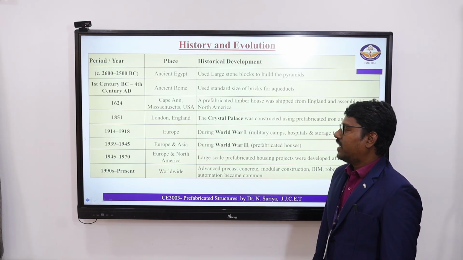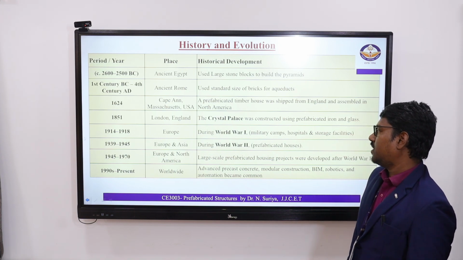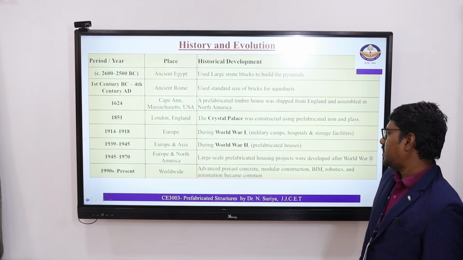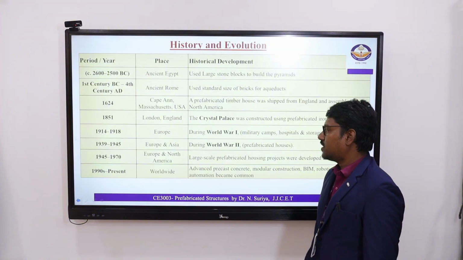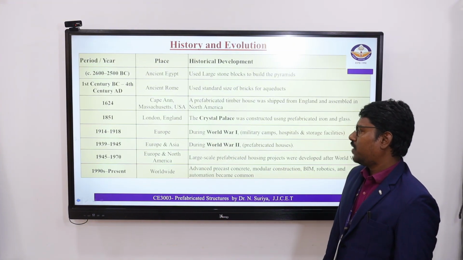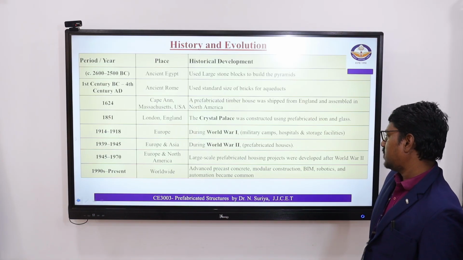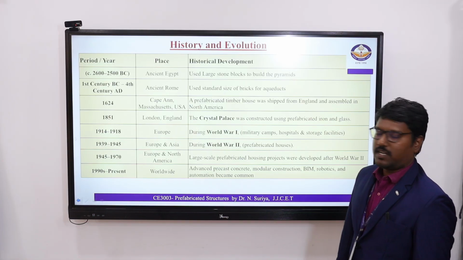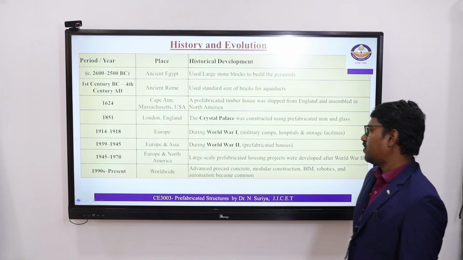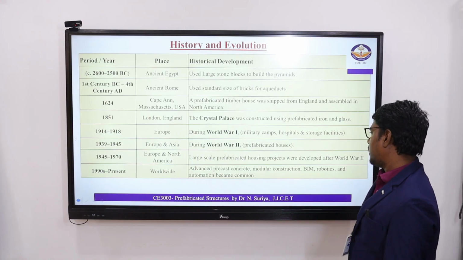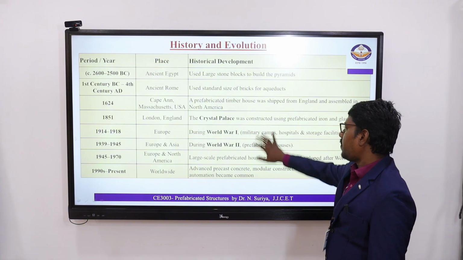Between 1939 and 1945, in Europe and Asia during World War II, prefabricated houses and shelters were implemented. From 1945 to 1970, in Europe and North America, large-scale prefabricated housing projects were developed after World War II. And finally, from the 1990s to present, worldwide, advanced precast concrete, modular construction, BIM, robotics, and automation have become common.